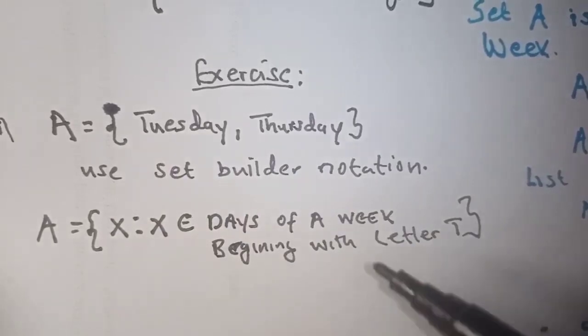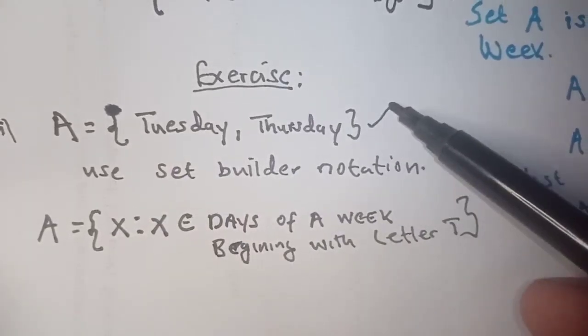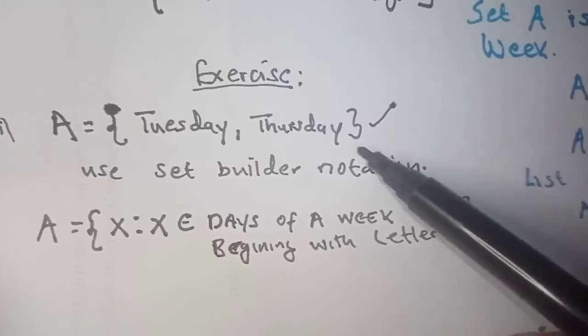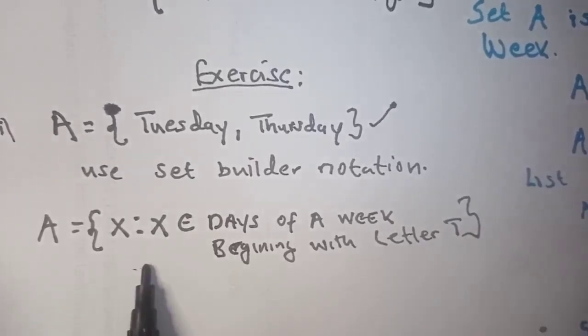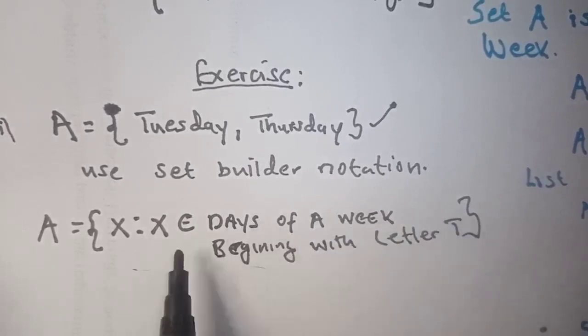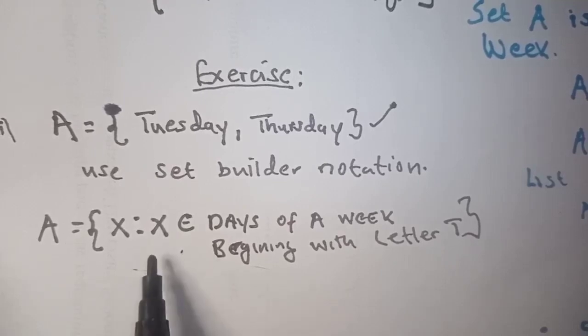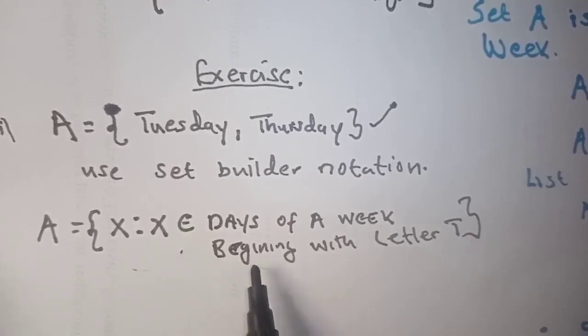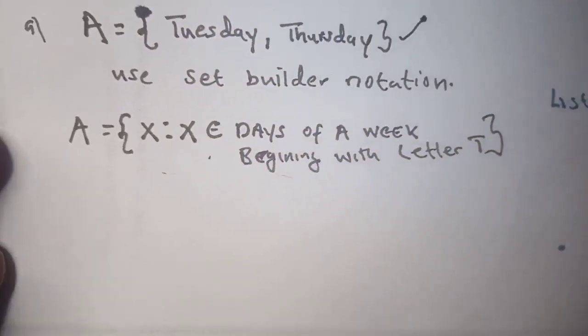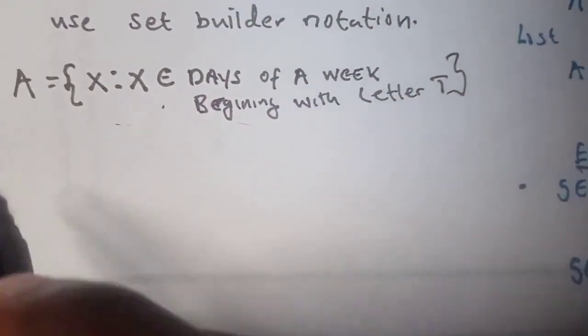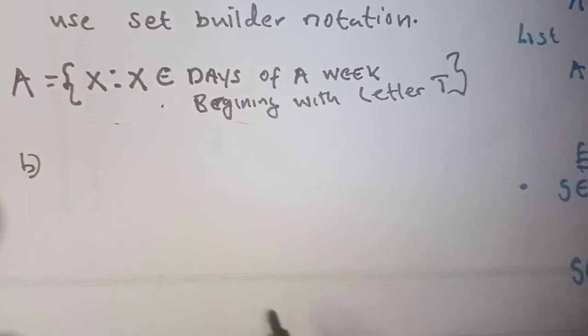So you can be given a question where they've listed the set, and then you have to come up with the set builder notation. Or they can give you the set builder notation, and then you have to come up with the listing. Okay, so let's have another exercise.